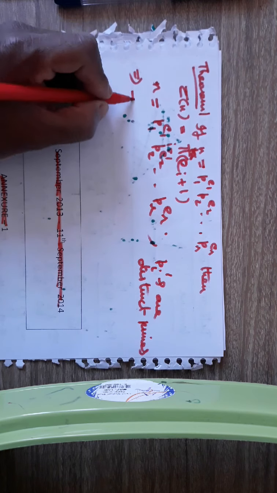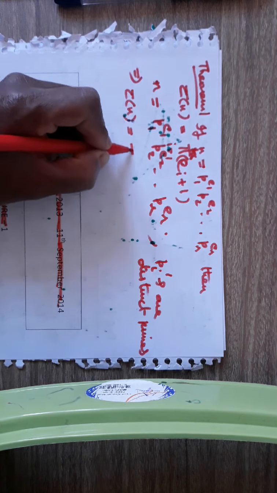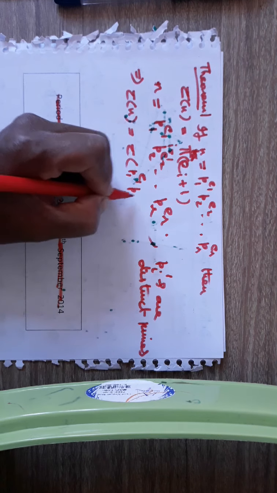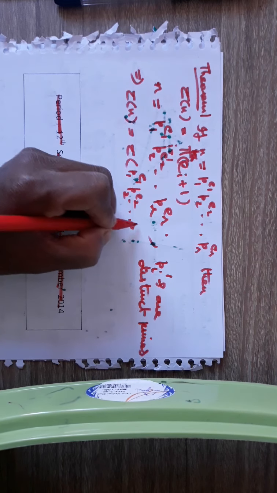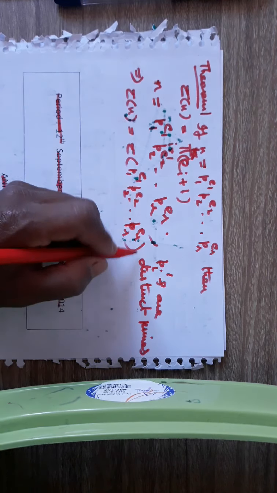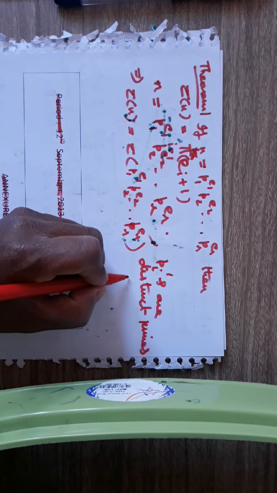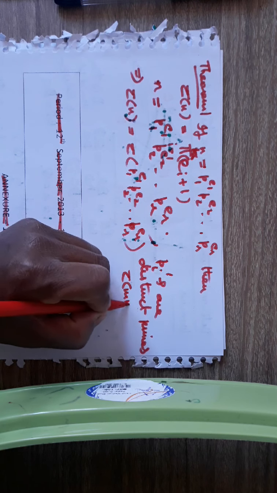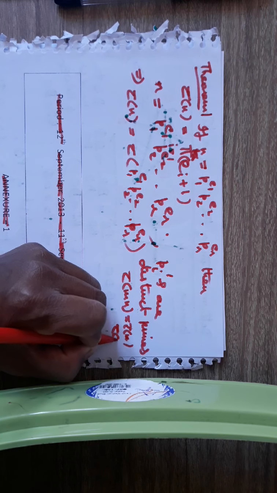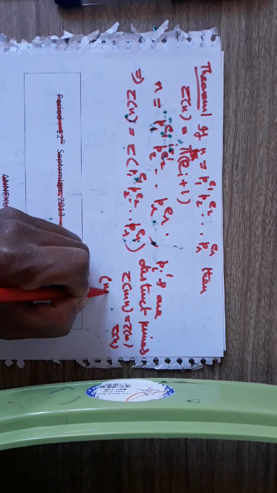So this implies that tau of n will be equal to tau of p1 to the power e1 into p2 to the power e2 into ... into pr to the power er. And we know that tau is a multiplicative function. That is, tau of mn is equal to tau of m into tau of n whenever GCD of m and n is equal to 1.